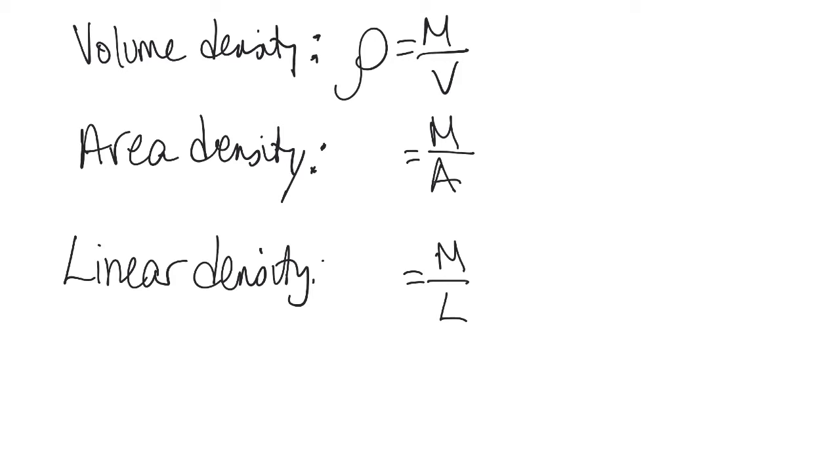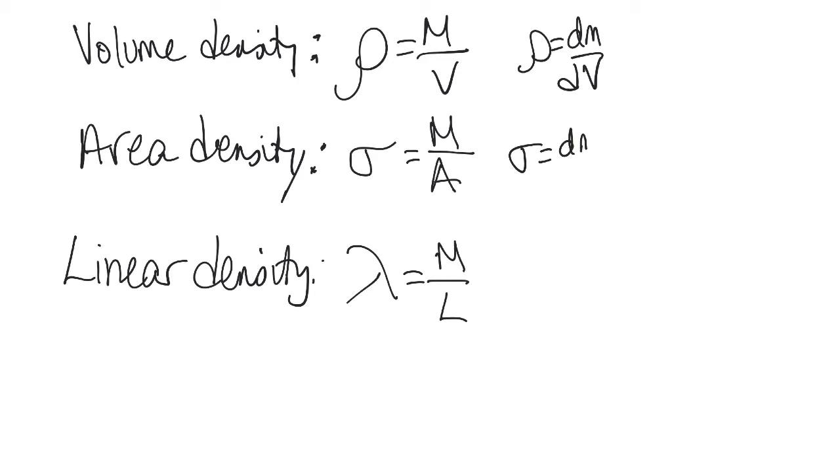These common variables are sigma for area density and lambda for linear density. Something that we can do here is we can say that linear density at any point is that little tiny mass divided by that little tiny length, and we can do that for all of these. And lambda is dm over dx. So finally we can get dm.